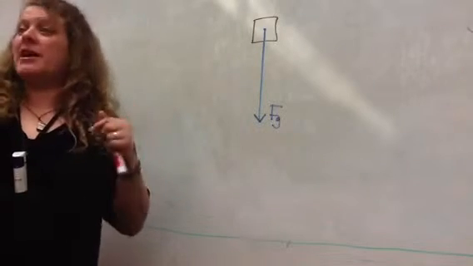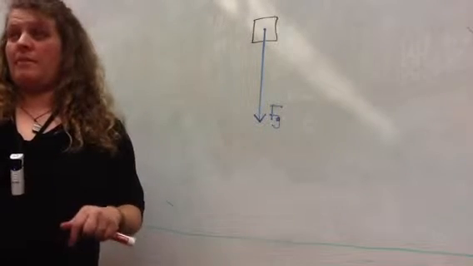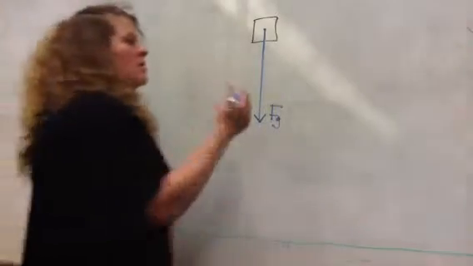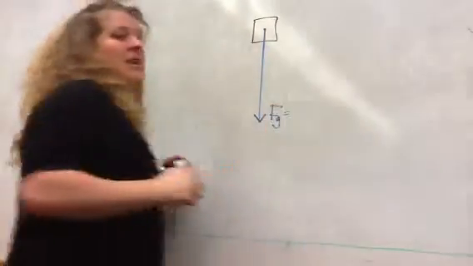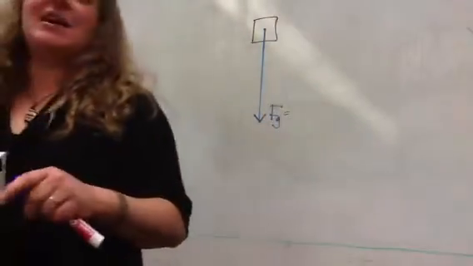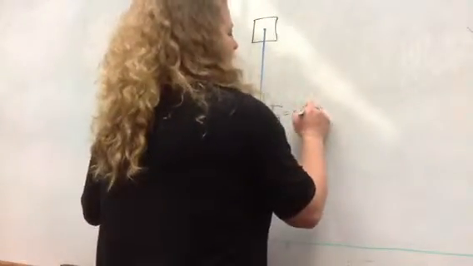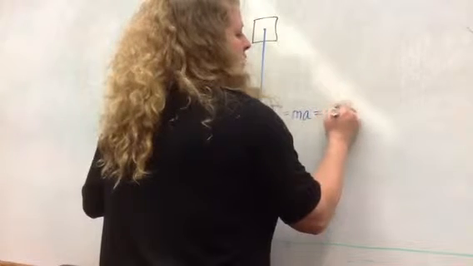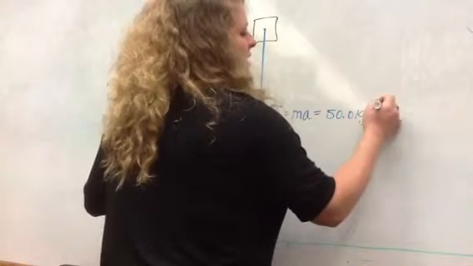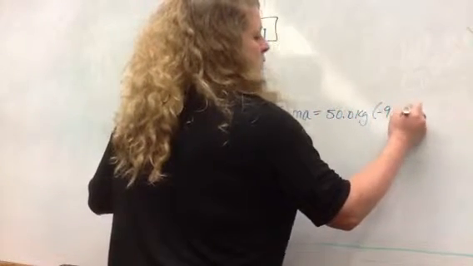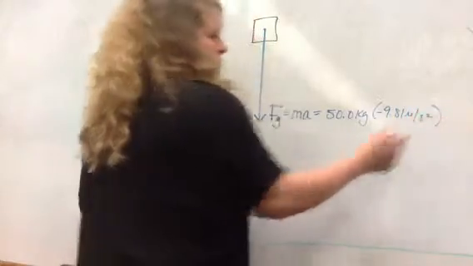Negative, because you're being attracted to the center of the earth. Okay, so we would typically label this. We're going to give you an imaginary mass of 50 kilograms. So, this would equal mass times acceleration. We're going to say you have a mass of 50 kilograms times negative 9.81 meters per second squared.